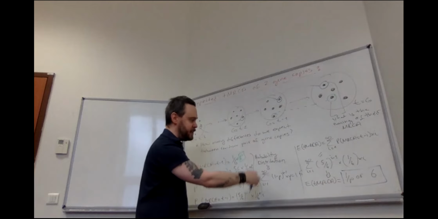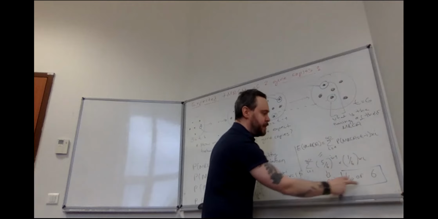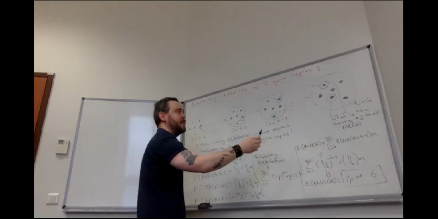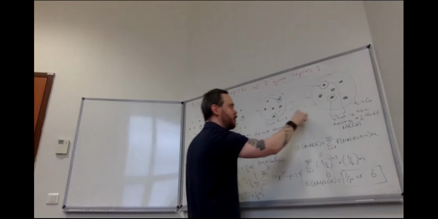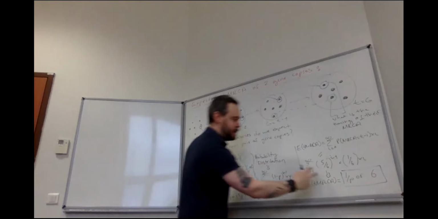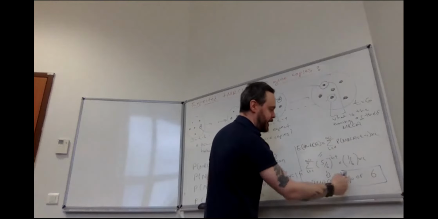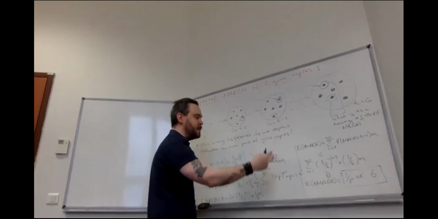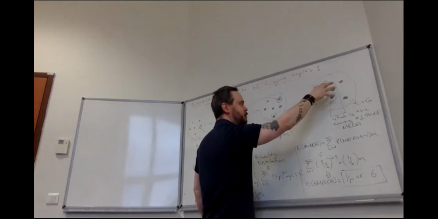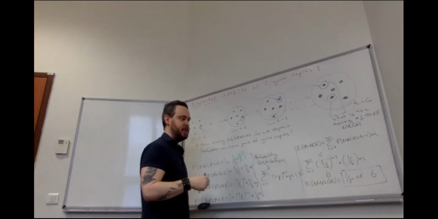Taking the mean of this geometric distribution gives 6, because we have 6 gene copies.